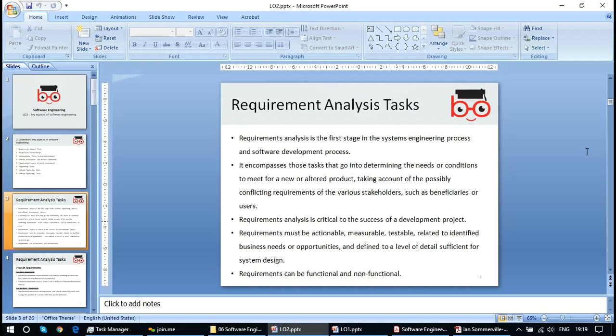Requirement analysis is critical to the success of development projects.